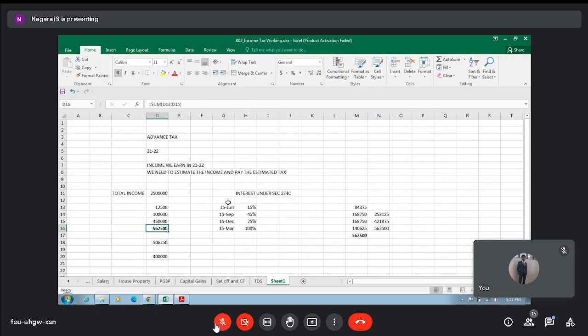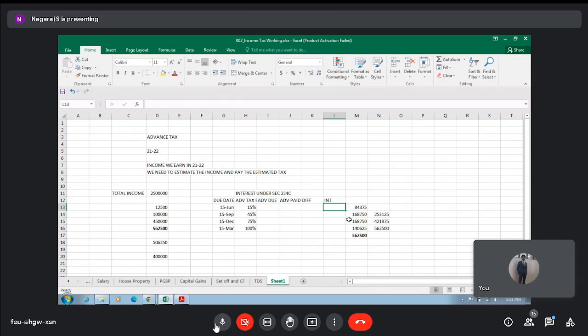This is the due date, this is the advance tax rate, advance tax due, advance tax paid, difference, interest.